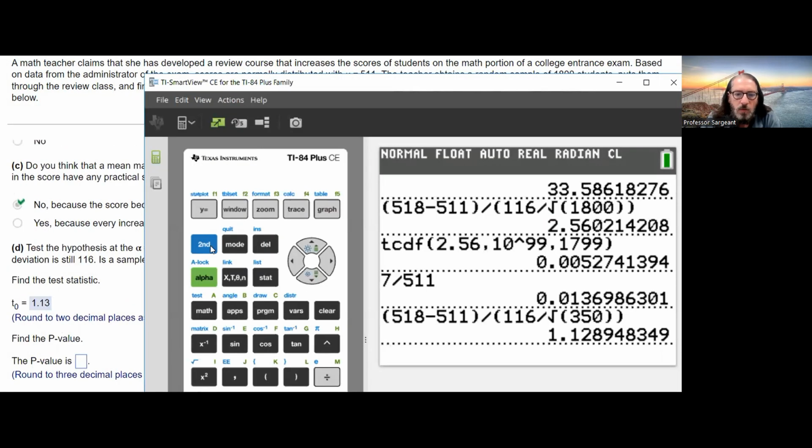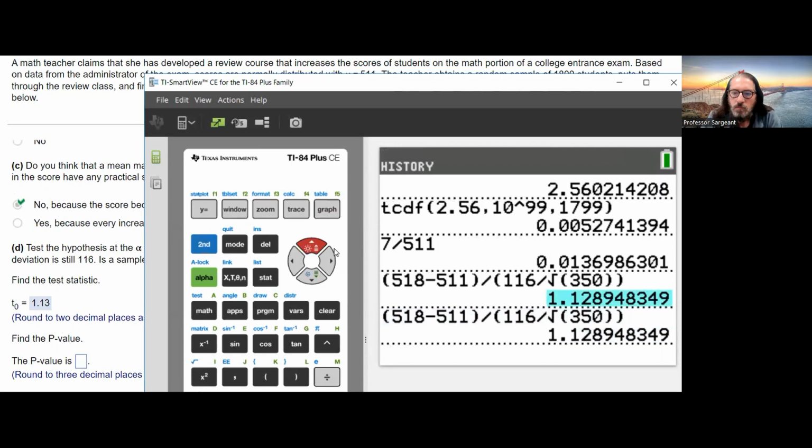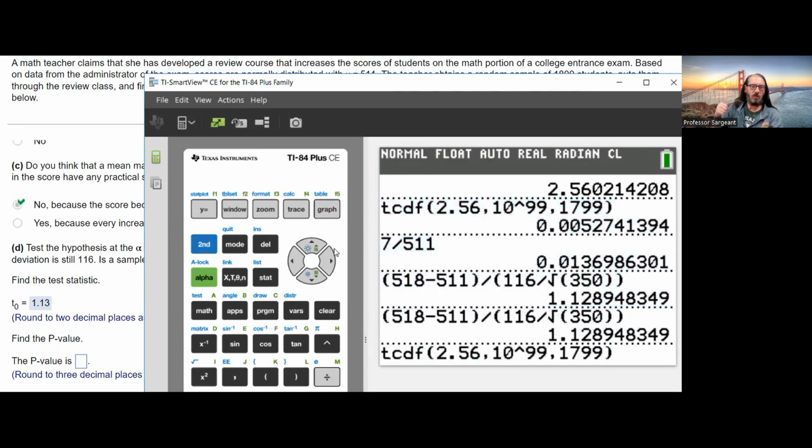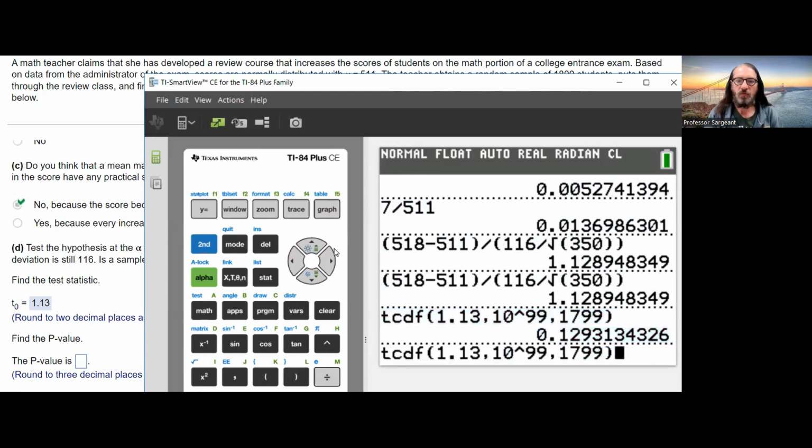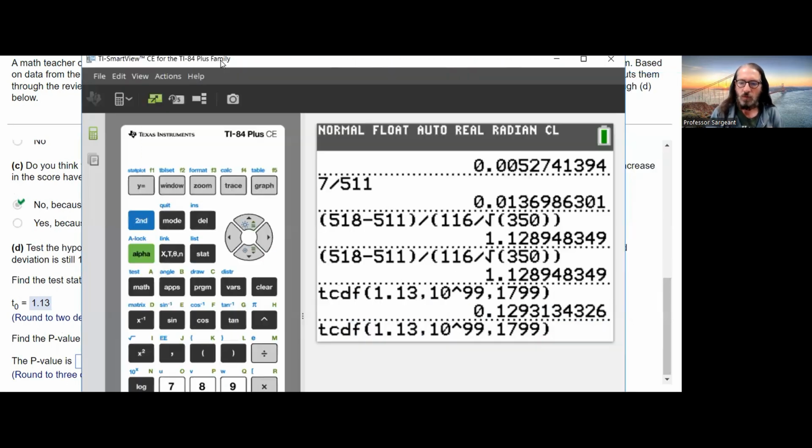P-value now. Well, let's do this. Same kind of drawing, except I'm looking at 1.13 for the finite lower bound. Oh, and since there were 350 students, then we have 349 degrees of freedom.